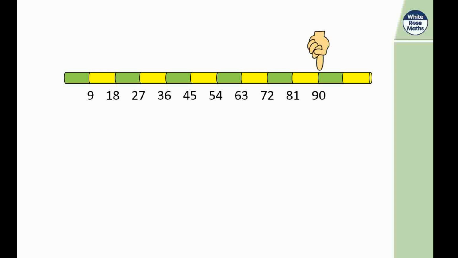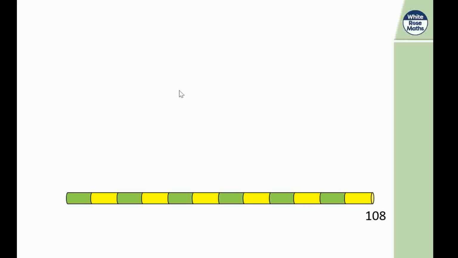What about after 90? Then the patterns don't work, but 99, and after 99? 108. Okay, so now we're going down. 108, so that's 11 times 9. What's 10 times 9?